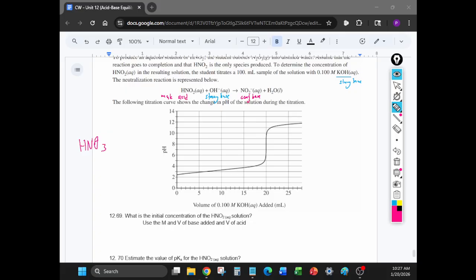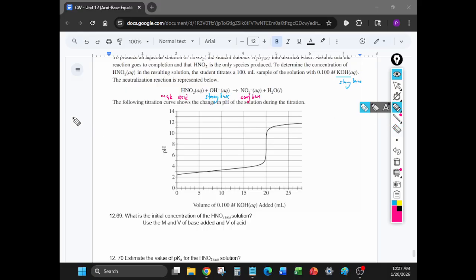All right, so there is some important information that we can get from this titration curve. When you have a titration curve, we can break it down into 4 different sections. The first is when the volume is equal to 0.